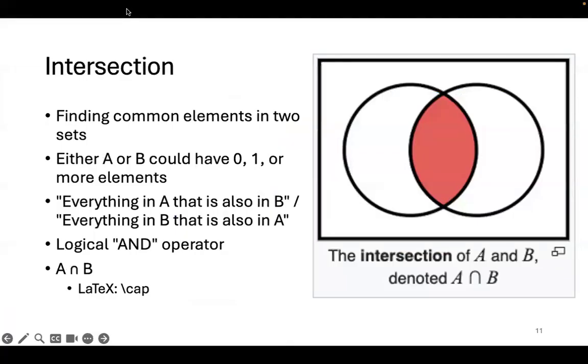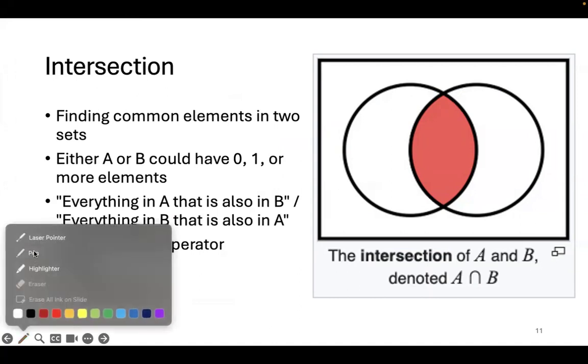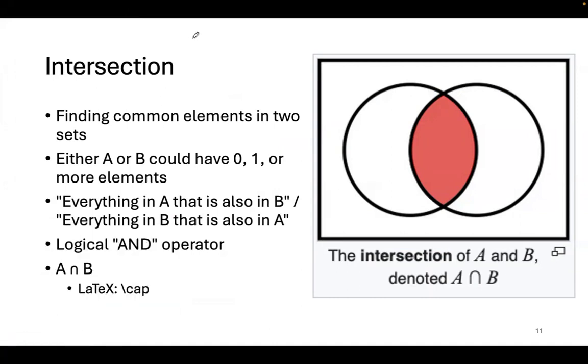Okay, so in terms of intersection, intersection is concerned with finding only the common elements in both of the sets. If I've got my set of, let's see, we were working with fruit last time, so cherry, banana, apple, and kiwi.